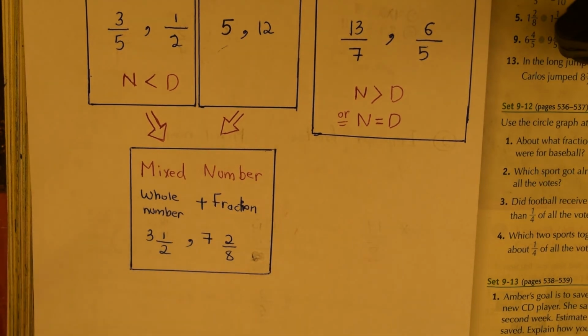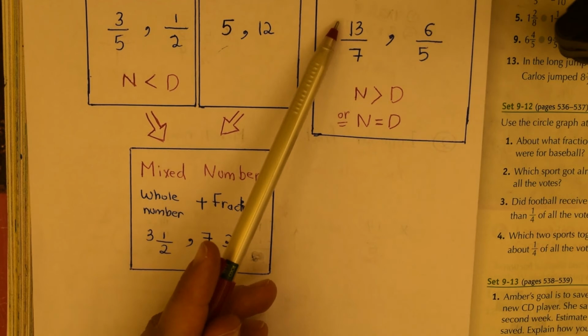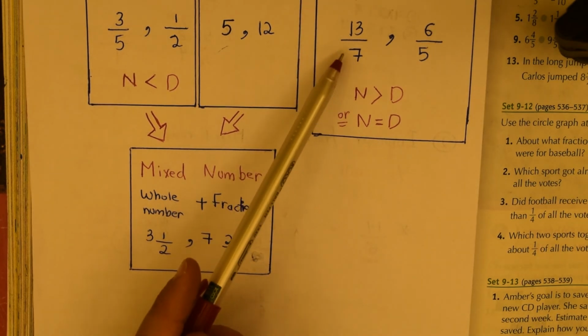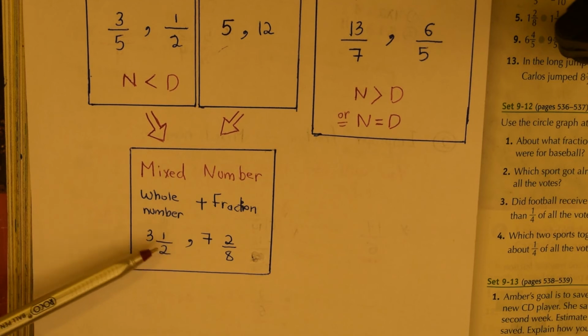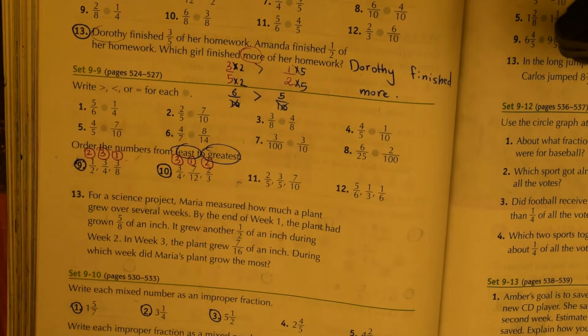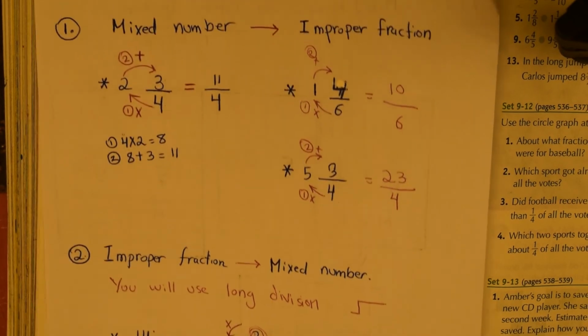Okay, so again the lesson is about mixed numbers and improper fractions. So improper fraction is a fraction that has its numerator greater than the denominator, and the mixed number is a number that has a whole and a part. It has a whole and a fraction. Okay, in this lesson we will revise how to transfer between mixed numbers and improper fractions.